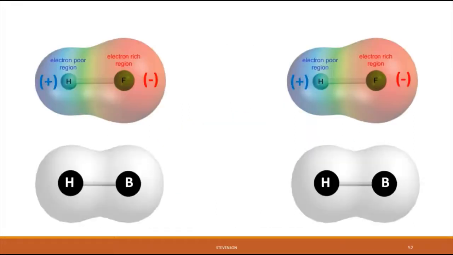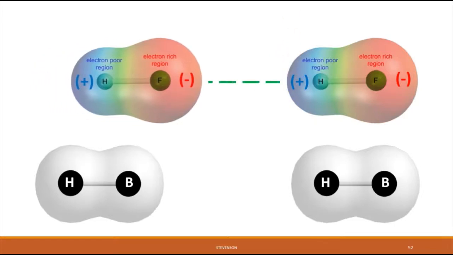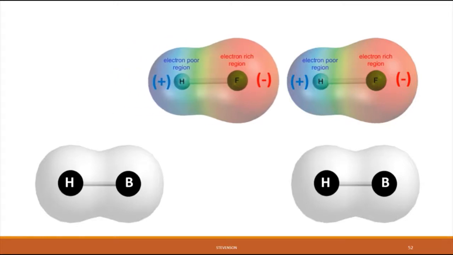When you have large quantities of polar molecules in association with each other, then because of the existence of dipoles, the negative end of one molecule is attracted to the positive end of another molecule. This phenomenon does not take place in nonpolar molecules because there's no attraction between them.